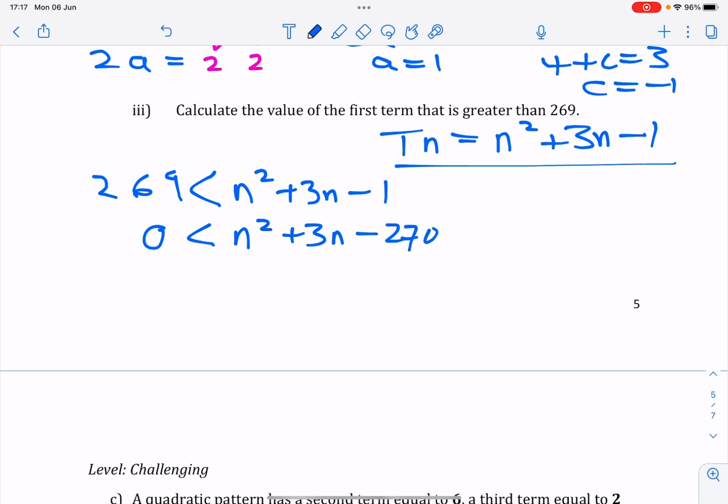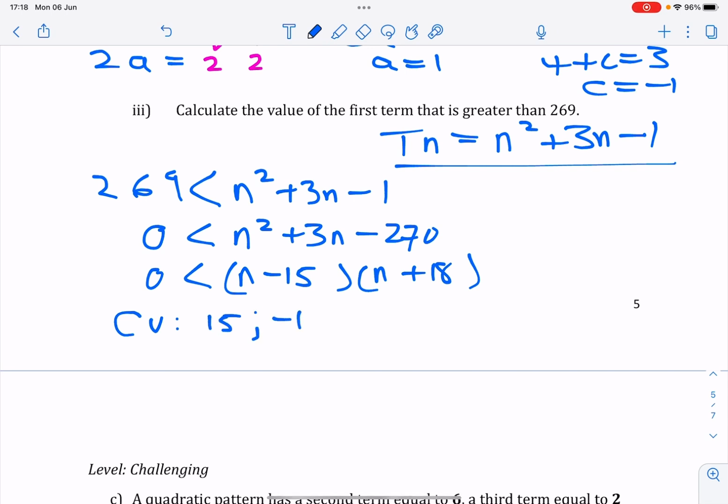And then we can put this into a bracket because we can do our factors using the quadratic formula or any other method. And you should get these two factors. So this is now an inequality. Our critical values are 15 and minus 18. And we can plot this on a number line, minus 18 and 15.